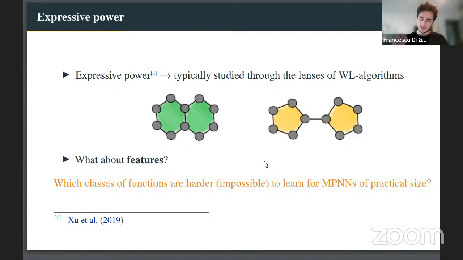So we want to provide basically quantitative statements that say how expensive it is for a certain message passing neural network to learn certain functions of the node features. And you will see in a second that this approach is, of course, quite different from looking at the separation of graphs from the point of view of the bispecific lemma algorithm, especially considering that most of these works, in fact, typically ignore the features and just look at the graph structure.